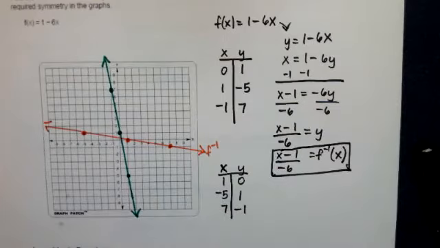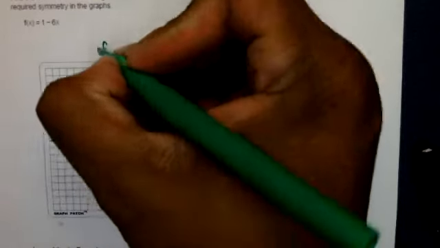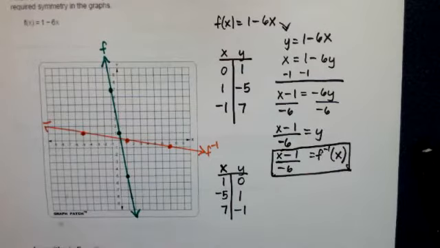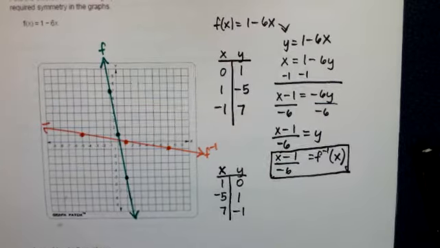So that's f inverse, and this right here in green is the function f. All right, so that's how we find the inverse of a function and graph the inverse of a function.